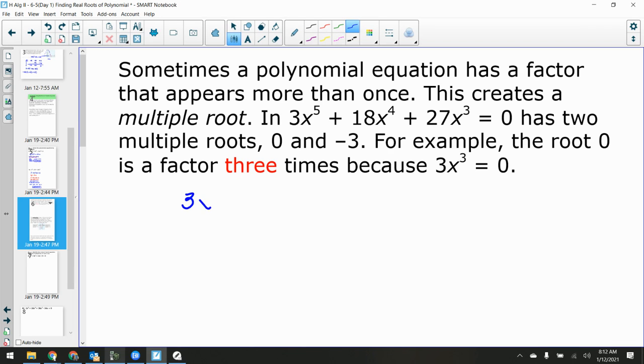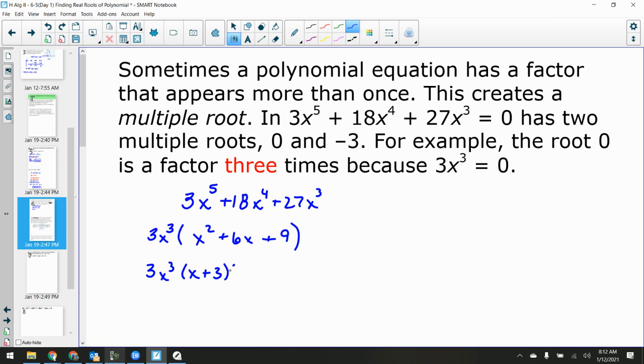If I were to factor this thing down, I've got a GCF of 3x cubed to leave an x squared plus 6x plus 9. So that means I've got a 3x to the 3rd and then an x plus 3, x plus 3.